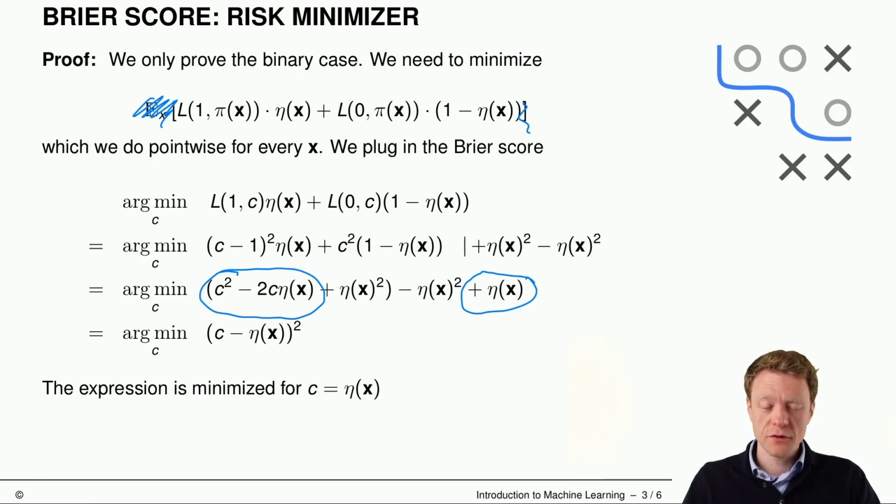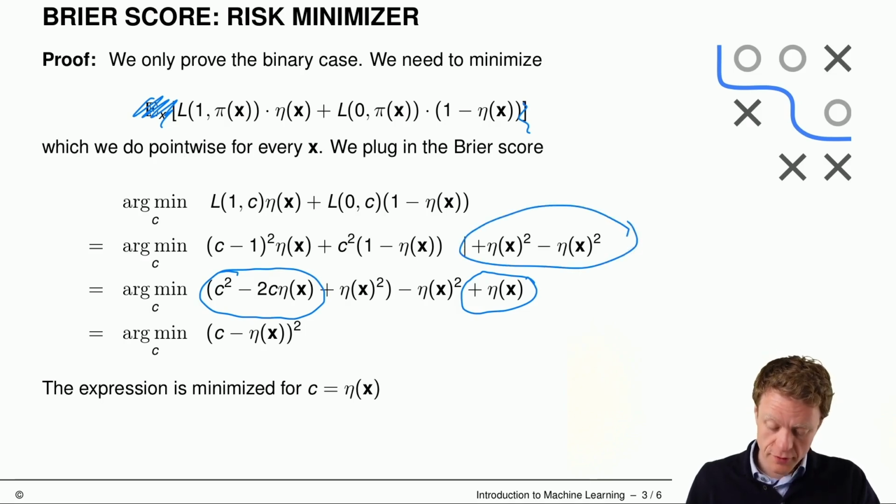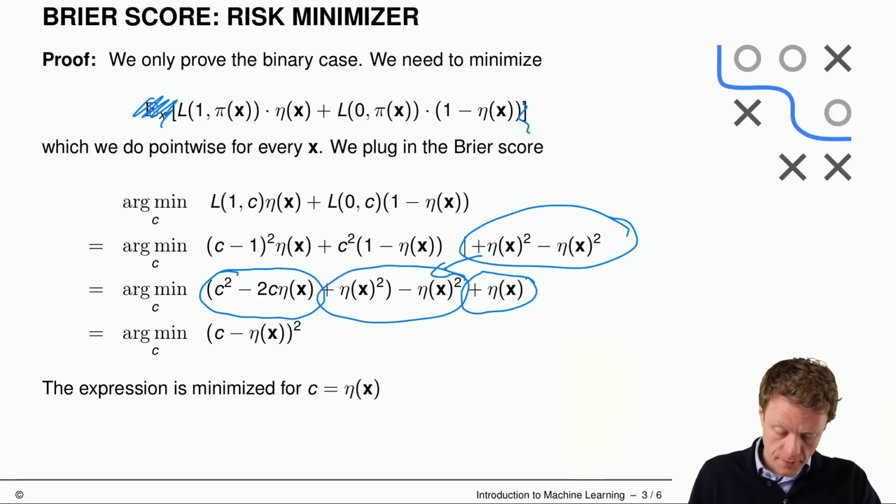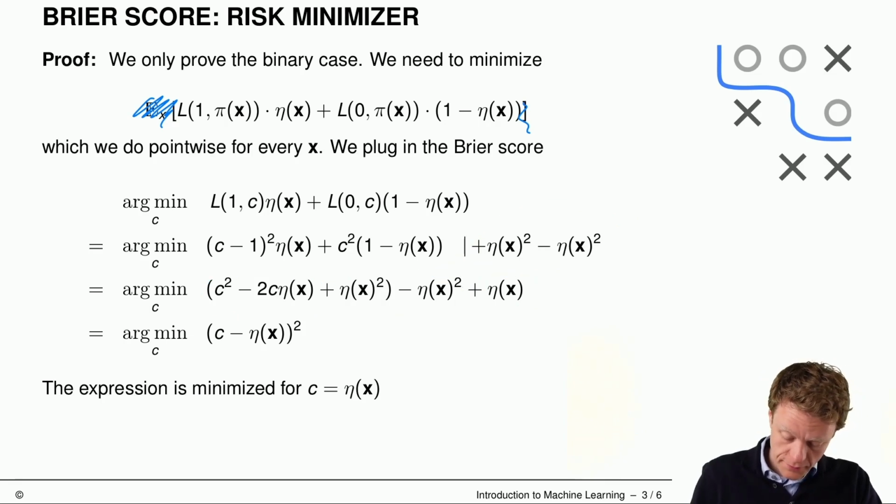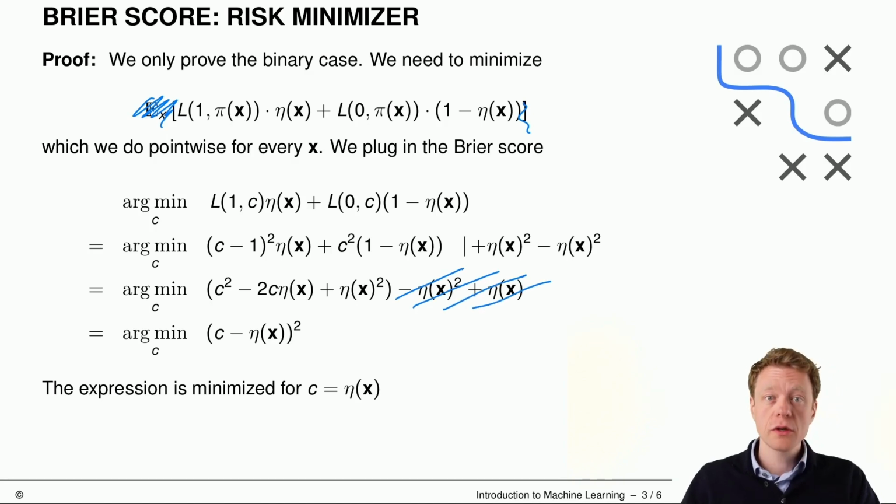But now we do a small trick and just insert 0 by adding and subtracting the square of eta here. Then let's clean this first. We can ignore those parts here because we are looking at the argmin with respect to c, but this minus eta squared plus eta does not really change the argmin.